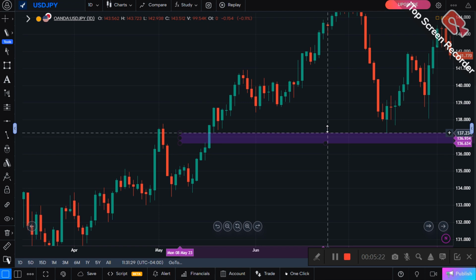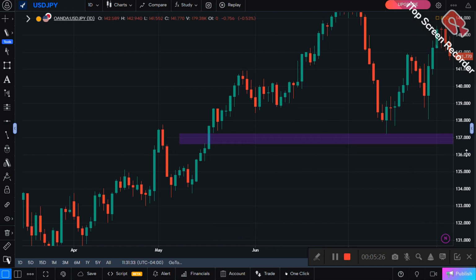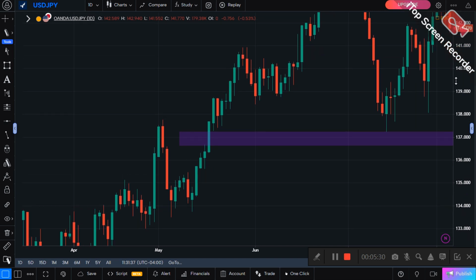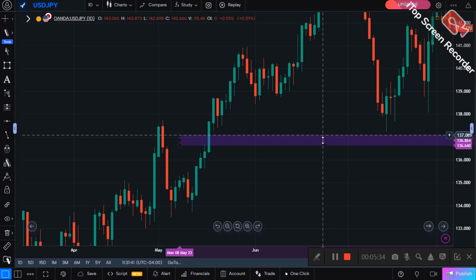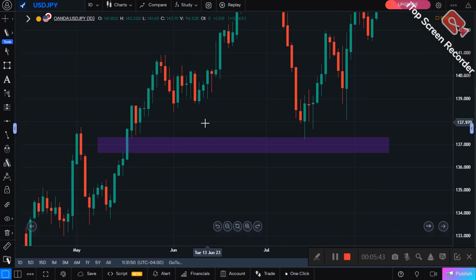Just wait for a second. I have to draw that fair value gap. What is the problem with this? Okay, from that low to that high, there's a perfect fair value gap never tested before.